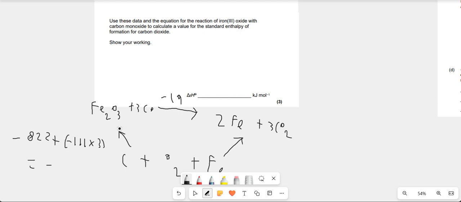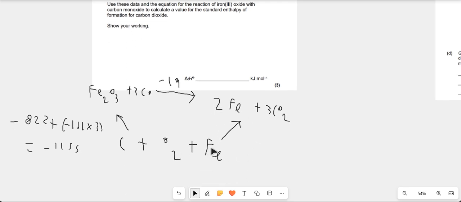That's how much to produce that. Then, to go from this to there, so there to there is the same as going from there and then across. If there to there is minus 1155, and then there to there is minus 19, it's going to be minus 1155 minus 19. That's going to be the same as this.